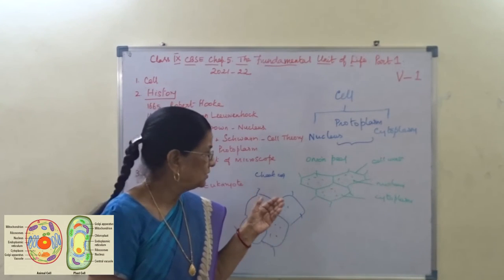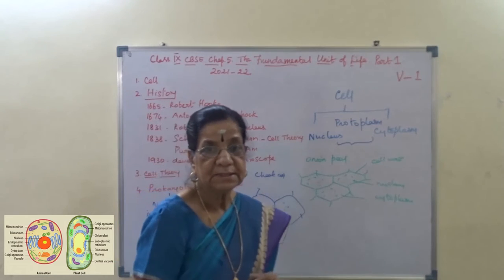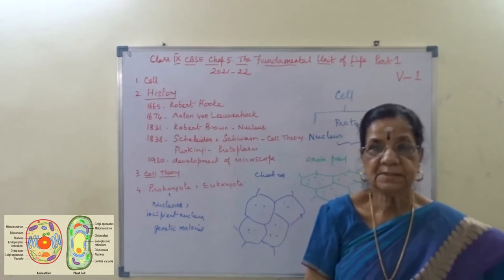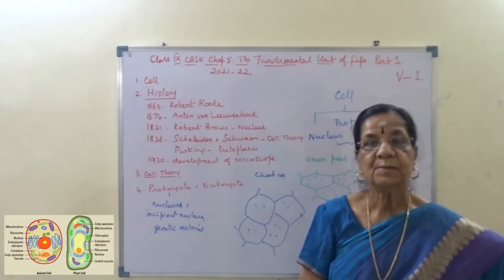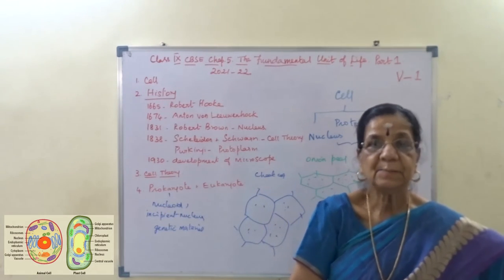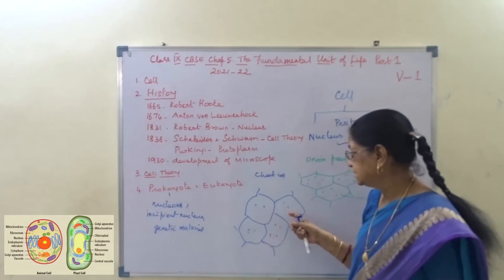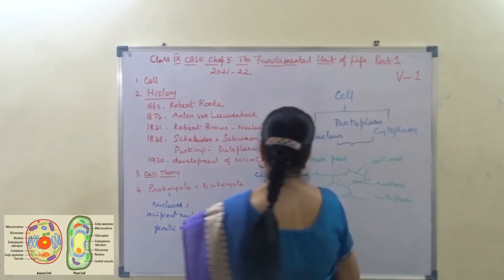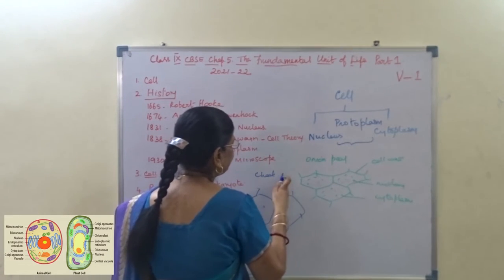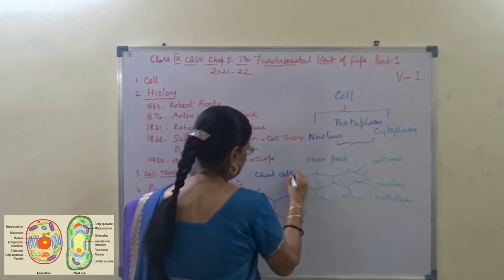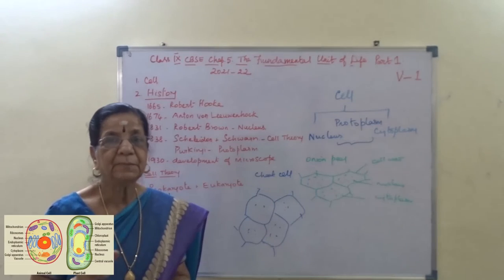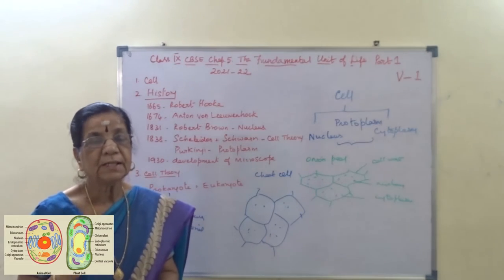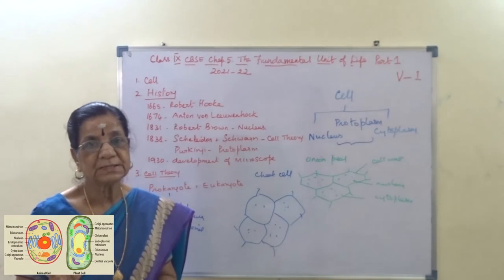So we say plant cell is having a definite rigid cell wall, following that is the plasma membrane or cell membrane. Whereas cheek cell is having only a flexible cell membrane, inner to that nucleus and cytoplasm.